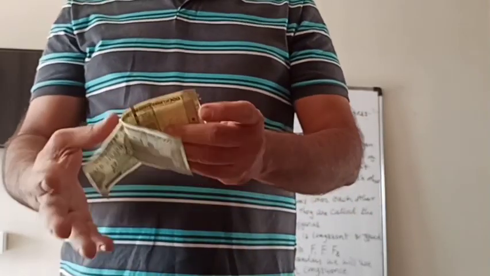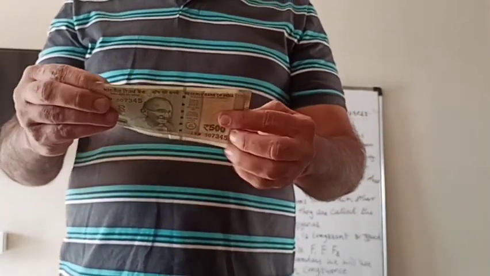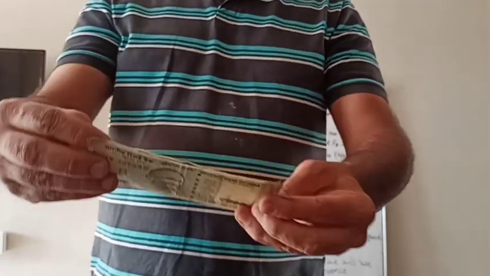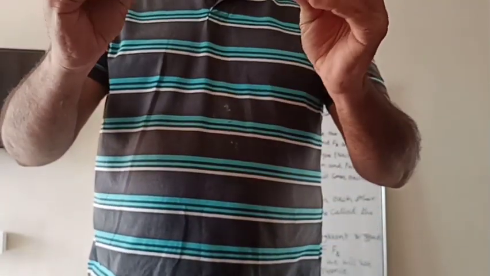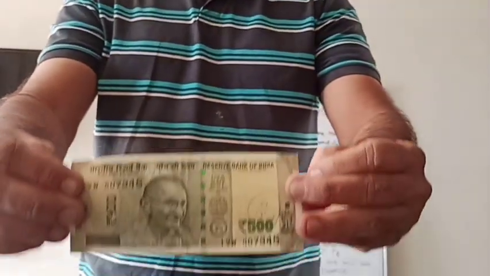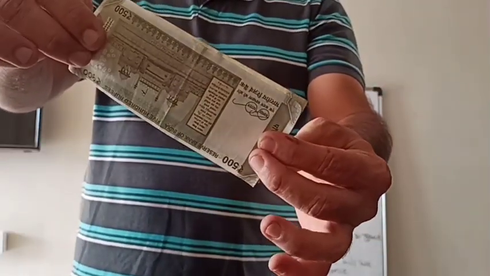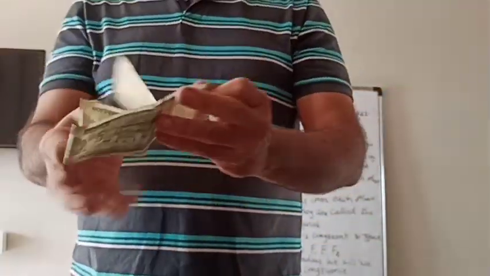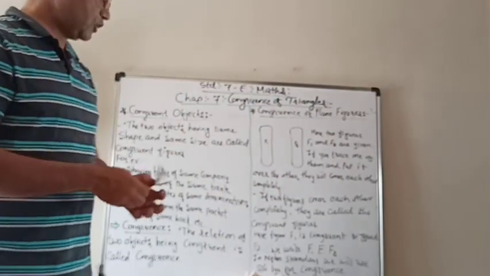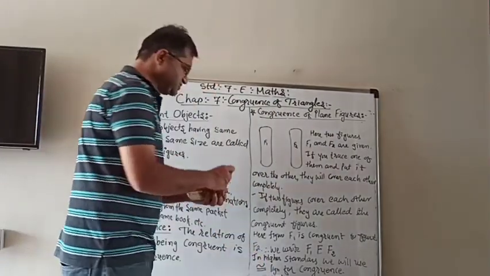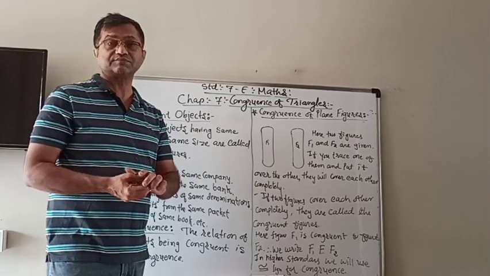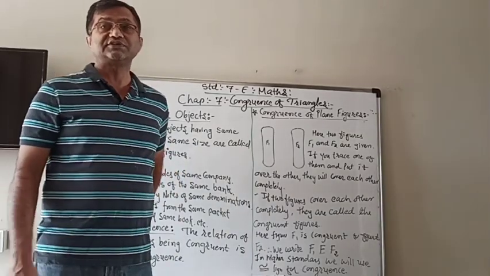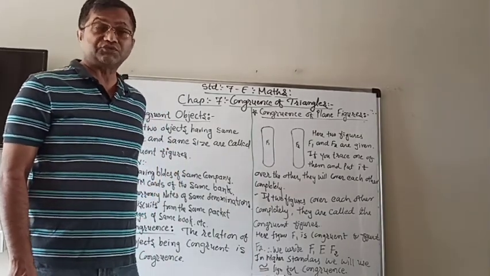Now, if you put one over the other, you can see that they will completely cover each other from all sides, right? So these two notes of the same denomination are also said to be congruent figures.